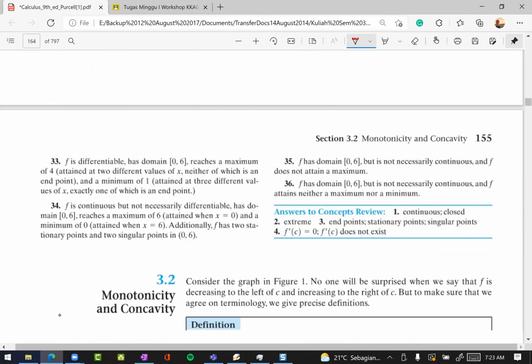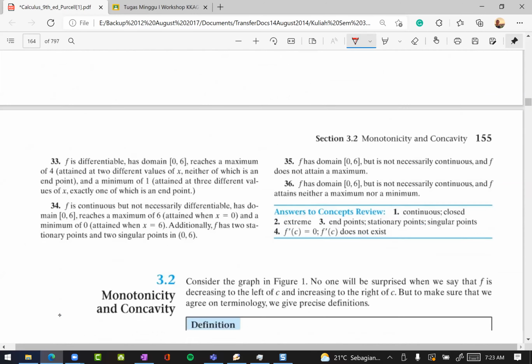This is theorem A. Let's go back to the OneNote. Let's paste theorem A here.